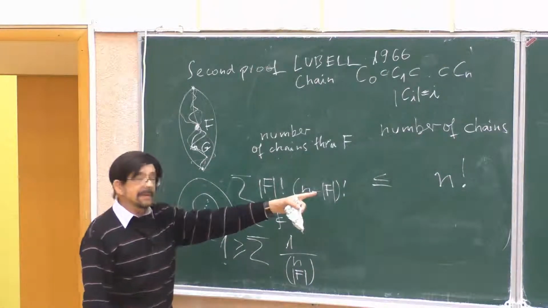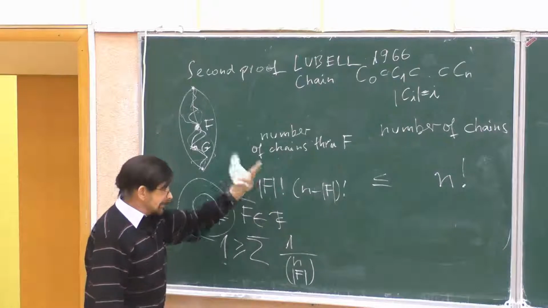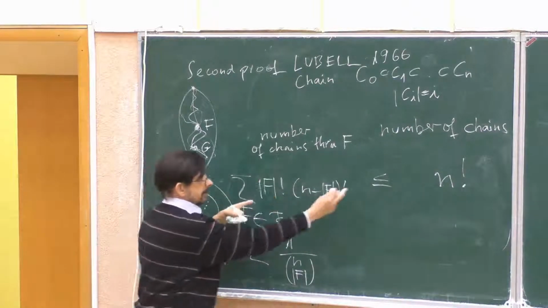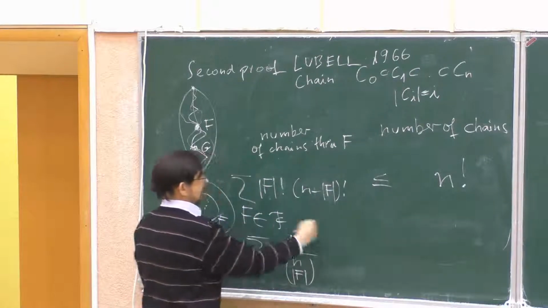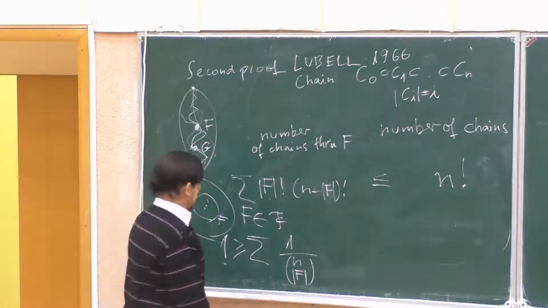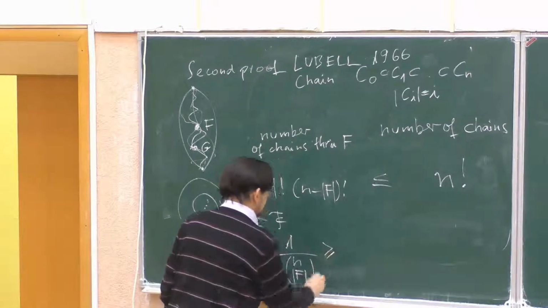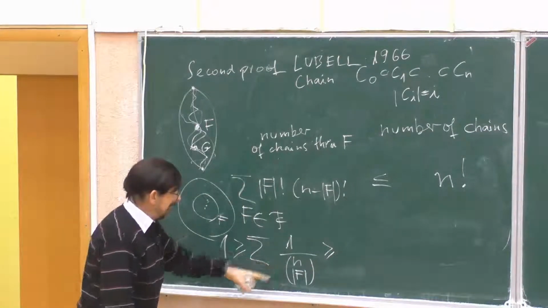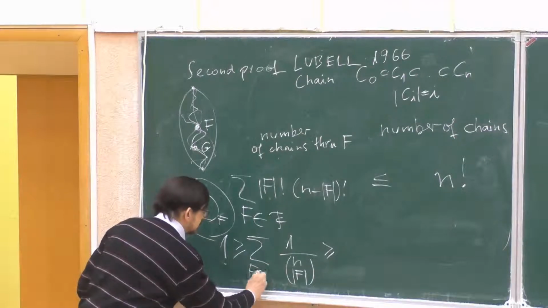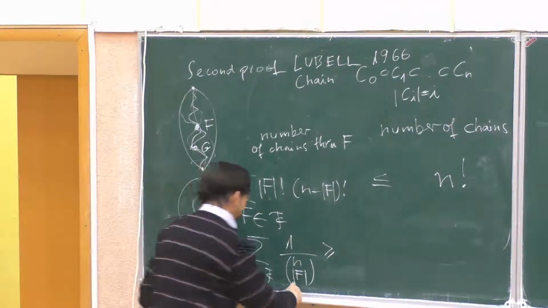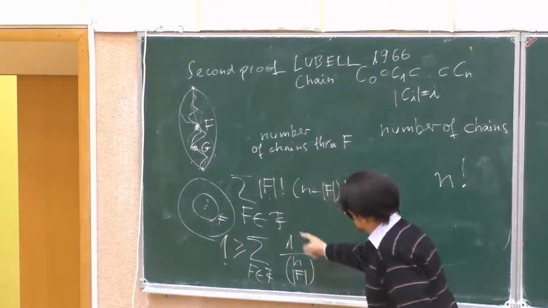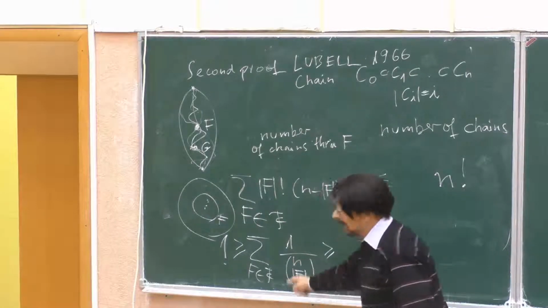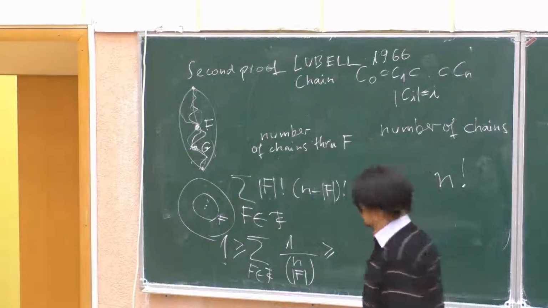So is this clear? I divided it and took the reciprocal value, because this divided by n factorial. And now we replace every term by the smallest one, which means here we take the largest one.